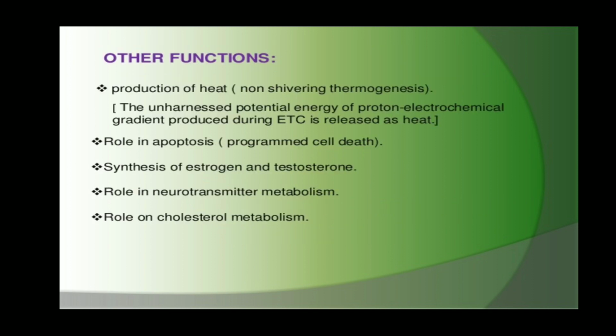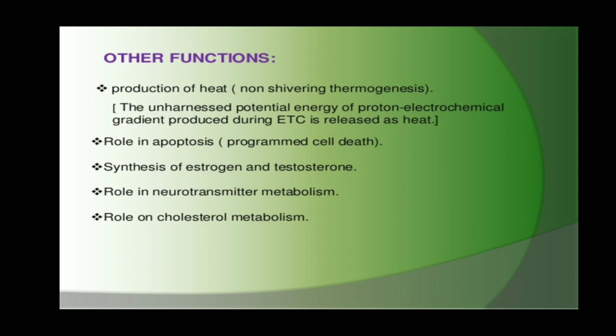Okay, other functions like the production of heat, like non-shivering thermogenesis. As you know, we are hot-blooded organisms, right? So we can control our own body temperature by different kinds of mechanisms like shivering and non-shivering thermogenesis.